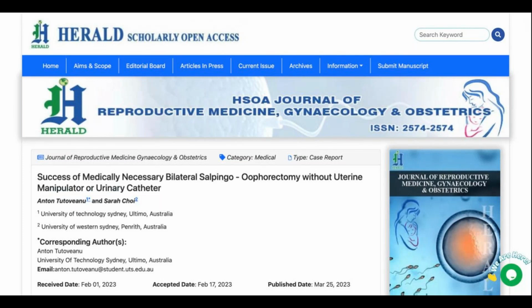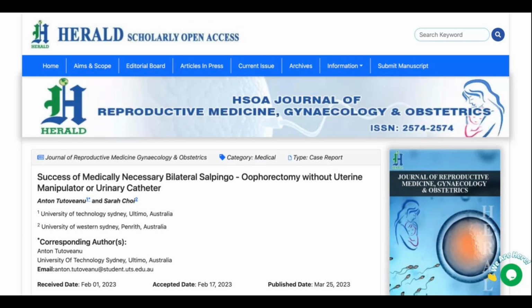The issue here was the ovary removal. The patient didn't need the whole removal of the uterus and didn't need the whole hysterectomy.